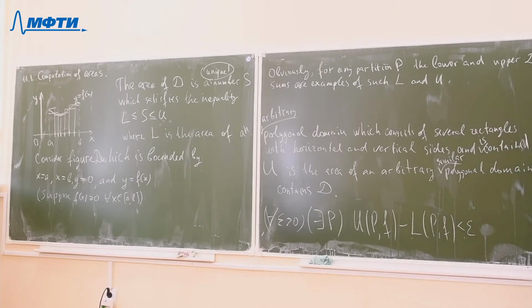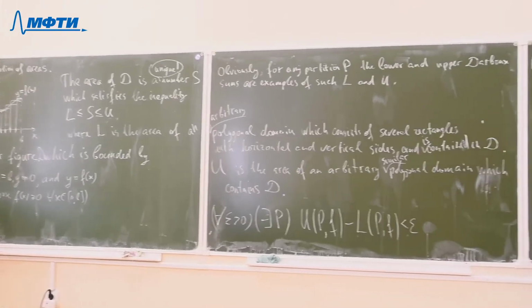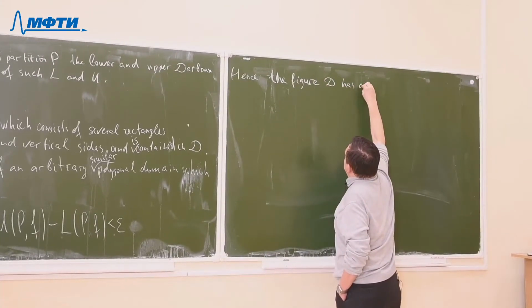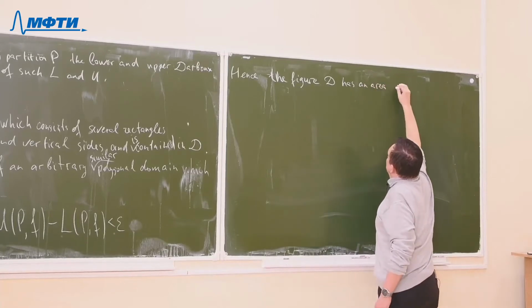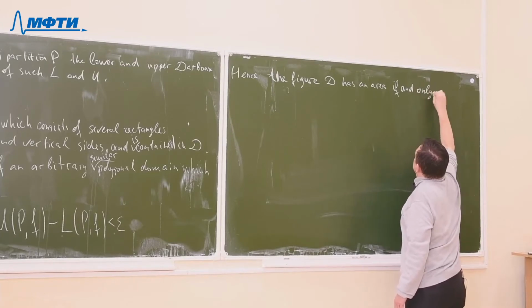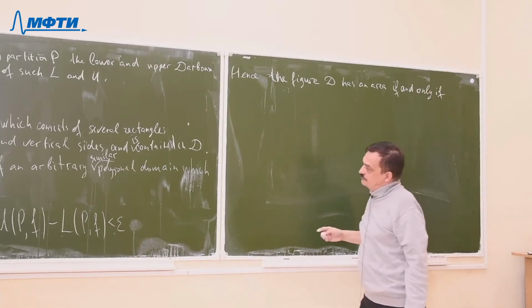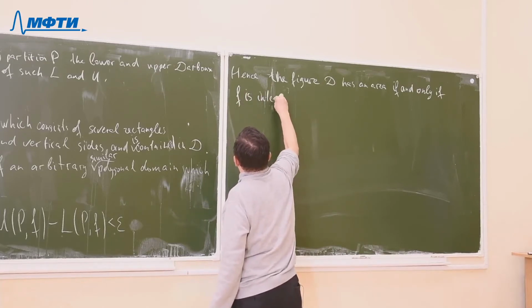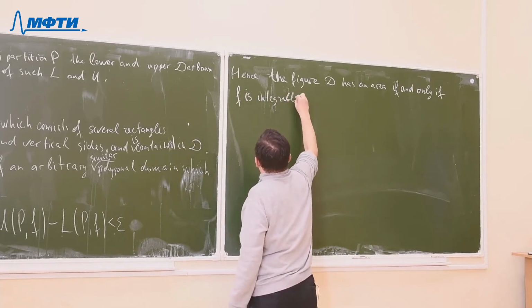Hence I can write like that. Hence the figure D has an area if and only if f is integrable on AB.